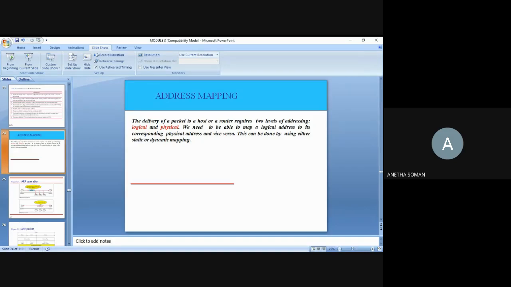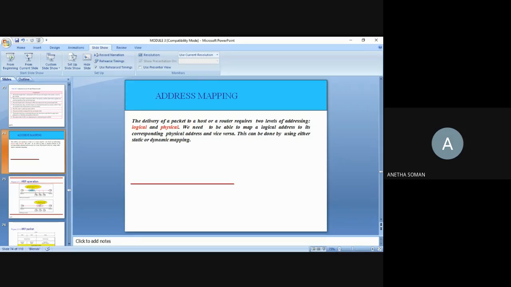The hosts as well as the routers at the network level are identified by their logical addresses. A logical address is also called an IP address. So at the network level, you require the IP address. At the physical level, the hosts or routers are recognized by their physical addresses. I have told two types of addresses: the physical address and the logical address.